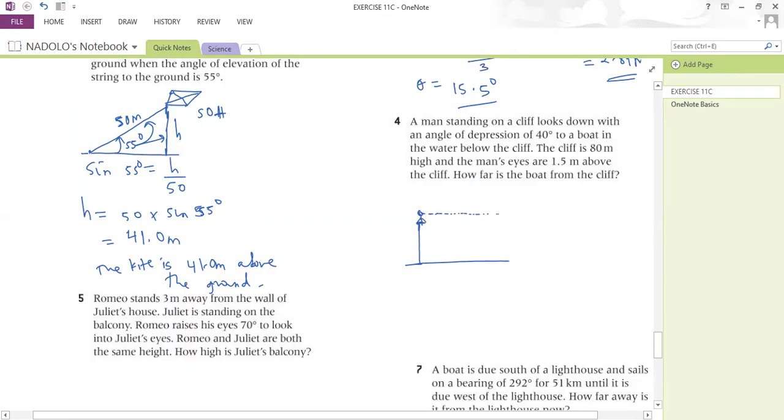So this is straight. And then, the man standing on a cliff looks down with an angle of depression of 40 degrees. So if he looks down, we'll draw a line from here to here. So angle of depression is this one, 40 degrees from the level of the eye.